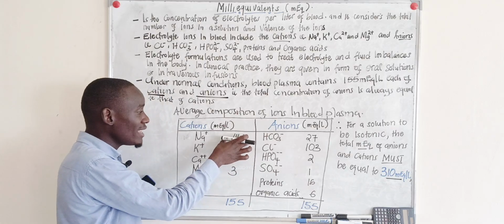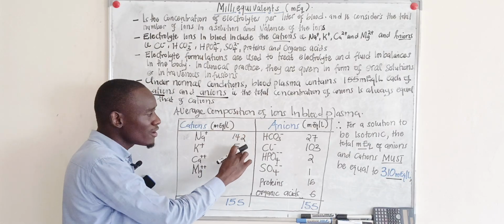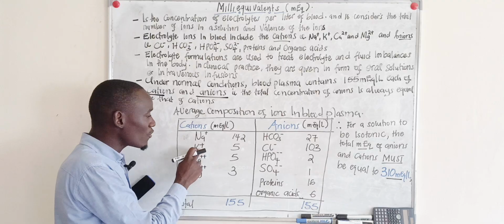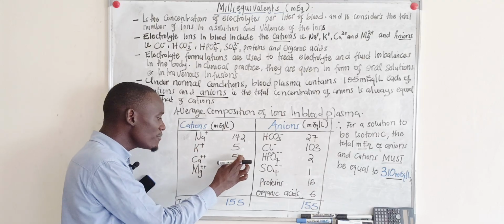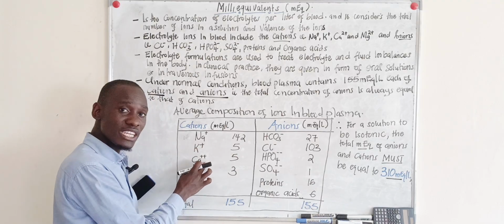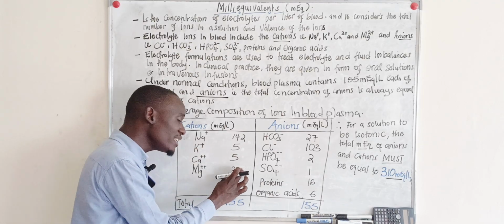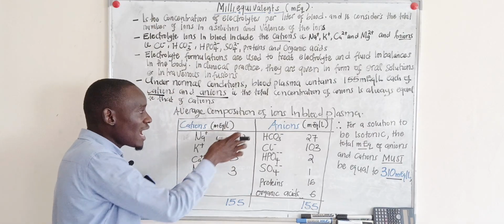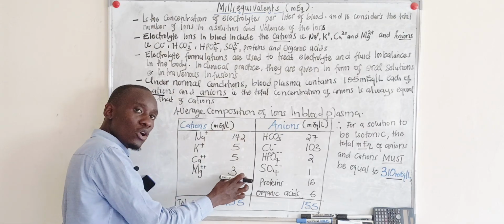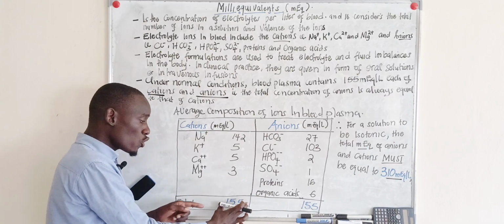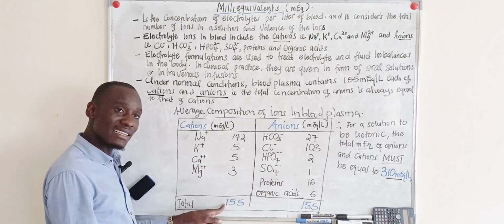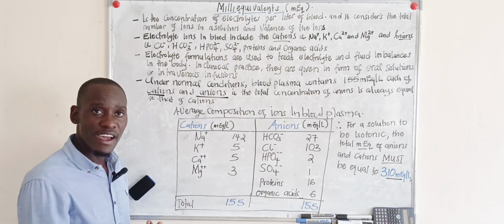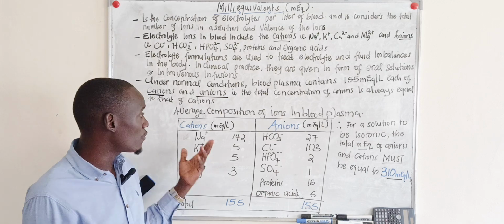We have 5 milliequivalents per liter of potassium, 5 milliequivalents per liter of calcium ions, and 3 milliequivalents per liter of magnesium ions. When we total all of this, we get a total concentration of 155 milliequivalents per liter of cations.